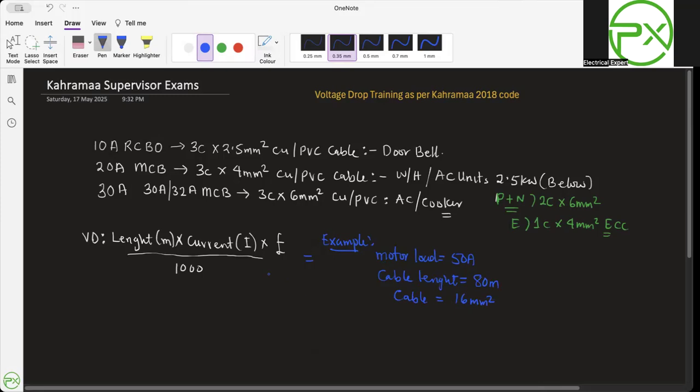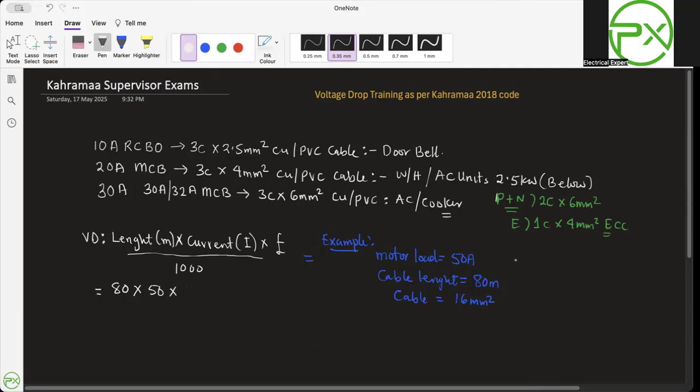Now, when we apply the items to the formula, the cable length is 80, then the current is 50, times the coefficient of the cable, which is the VD per ampere-meter, which has to come from the manufacturer.